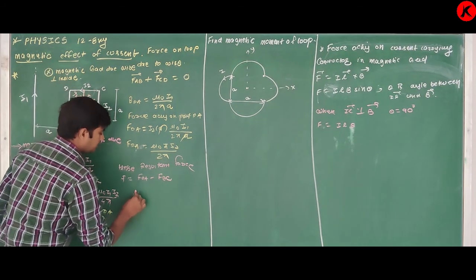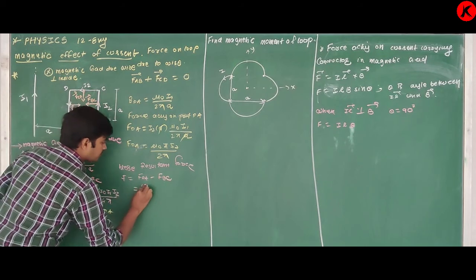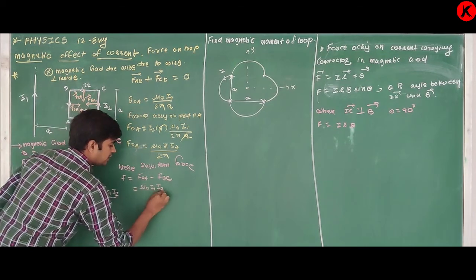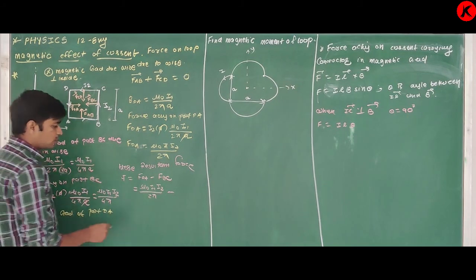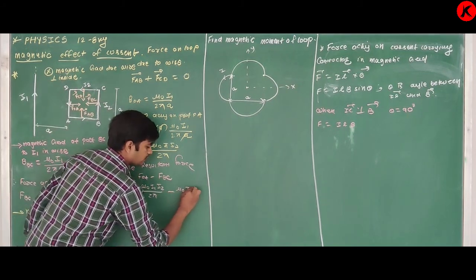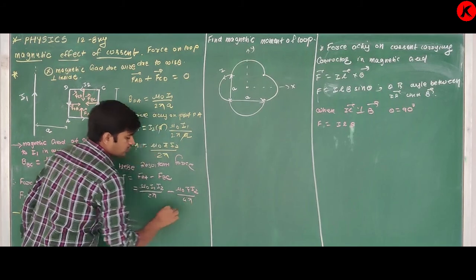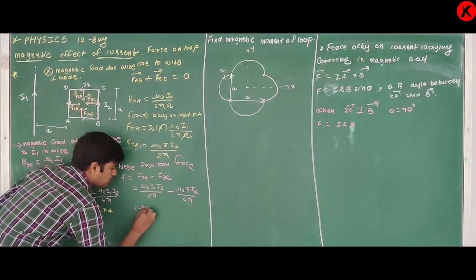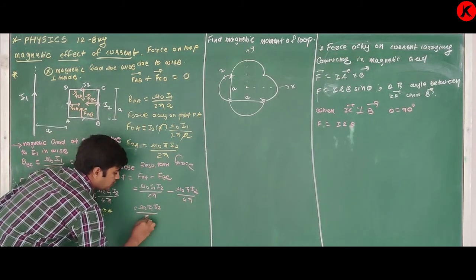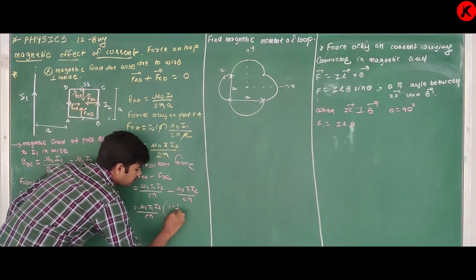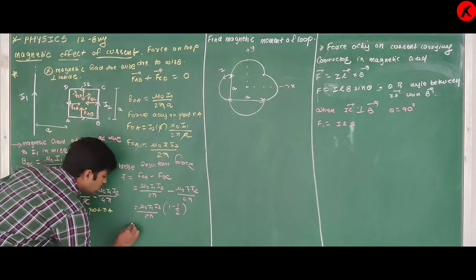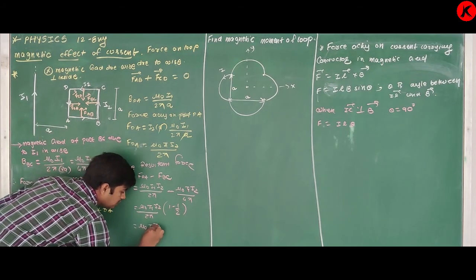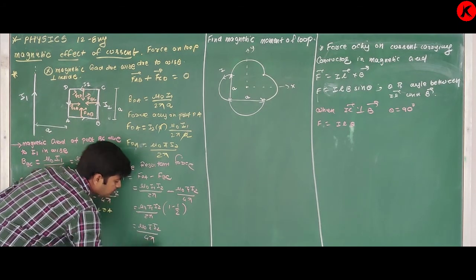So it is mu 0 I1 I2 upon 2 pi minus mu 0 I1 I2 upon 4 pi. So it is mu 0 I1 I2 upon 2 pi times 1 minus 1 by 2. 1 minus 1 by 2 is 1 by 2. So I can say it is mu 0 I1 I2 upon 4 pi.